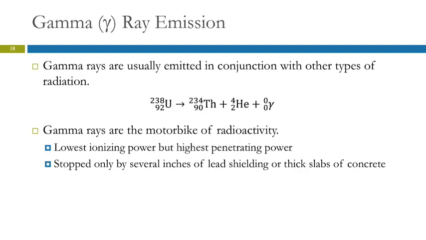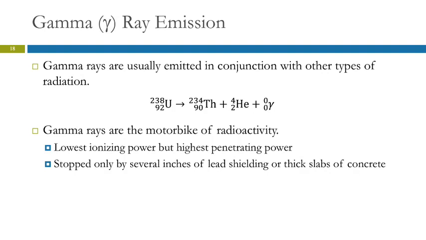So then do gamma rays accompany alpha and beta always, or is it sometimes? That's a good question. Gamma rays do not always accompany alpha and beta emission. Sometimes they do, and we're not going to expect you to know when they do or when they don't.